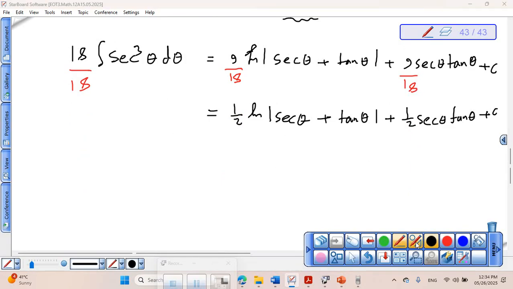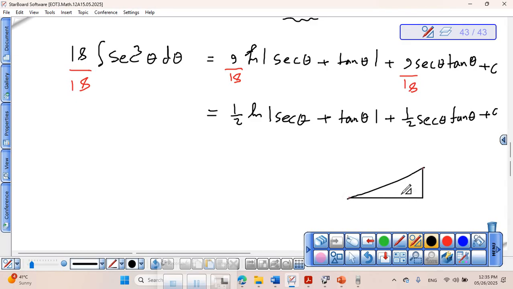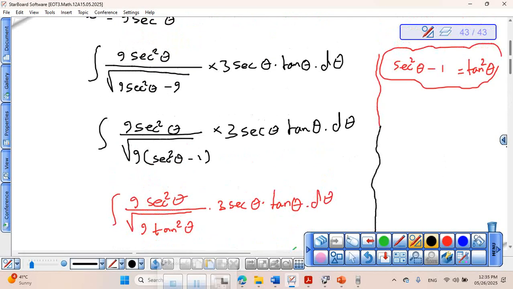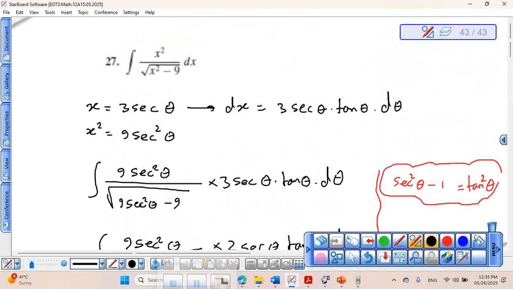Here we draw the triangle, with this angle theta. Sec theta equals x over 3.